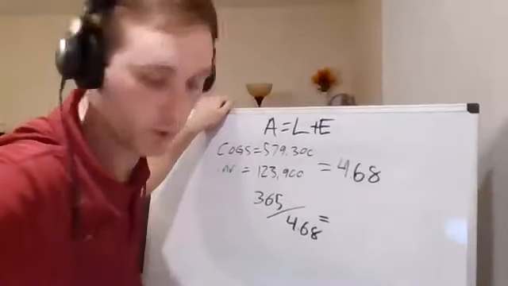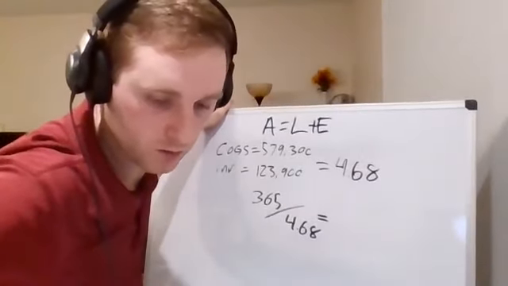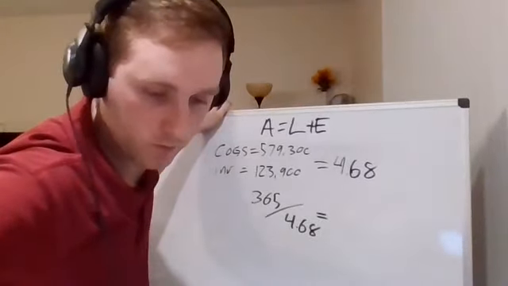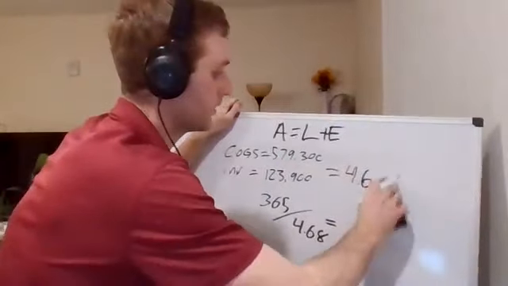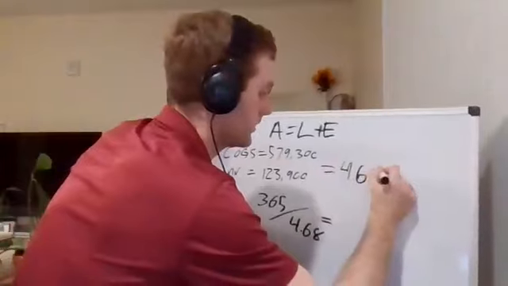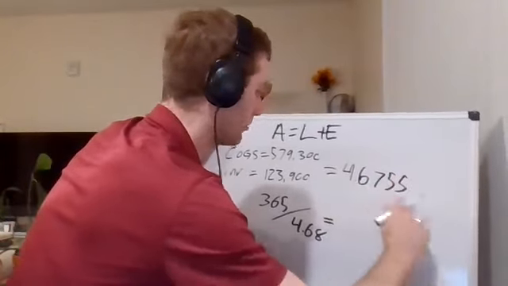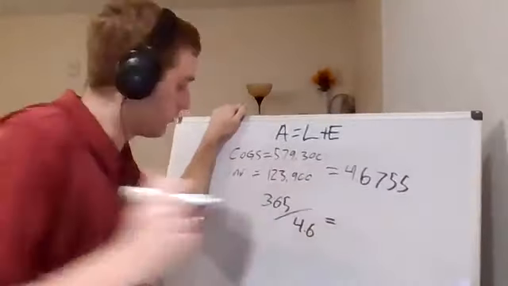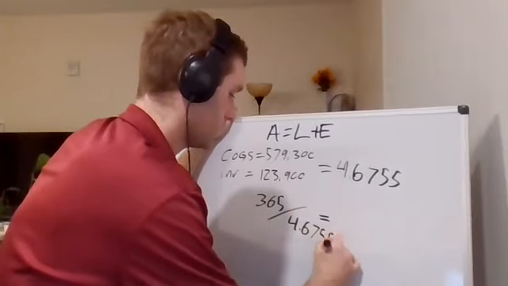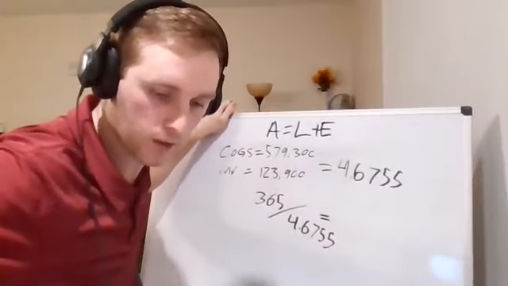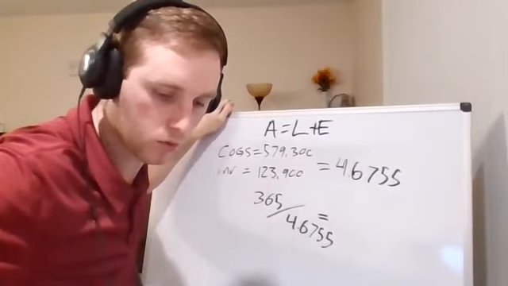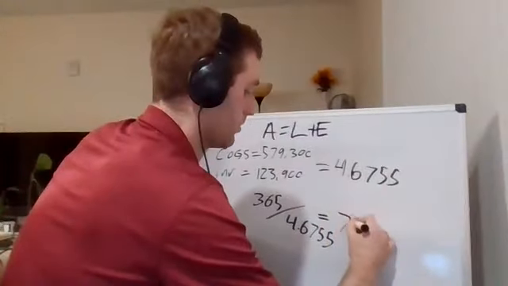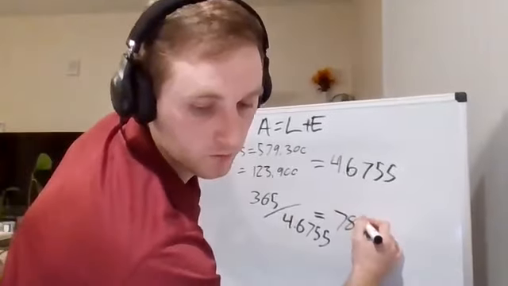All right, let's go back. 579,300 divided by 123,900 is 4.6755. So we'll erase this and use all four decimal points because that's what he wants, and do the same thing here as well. 365 divided by 4.6755 equals 78.0665.